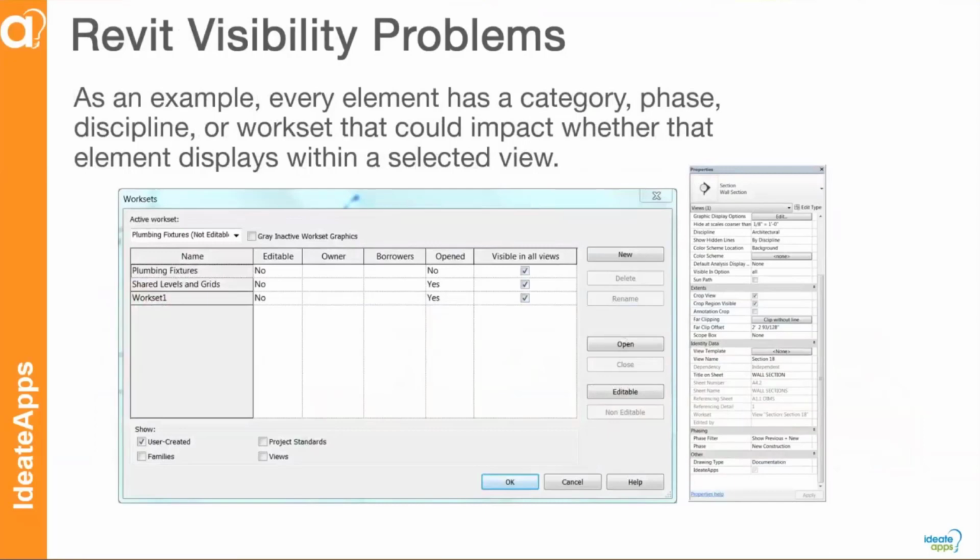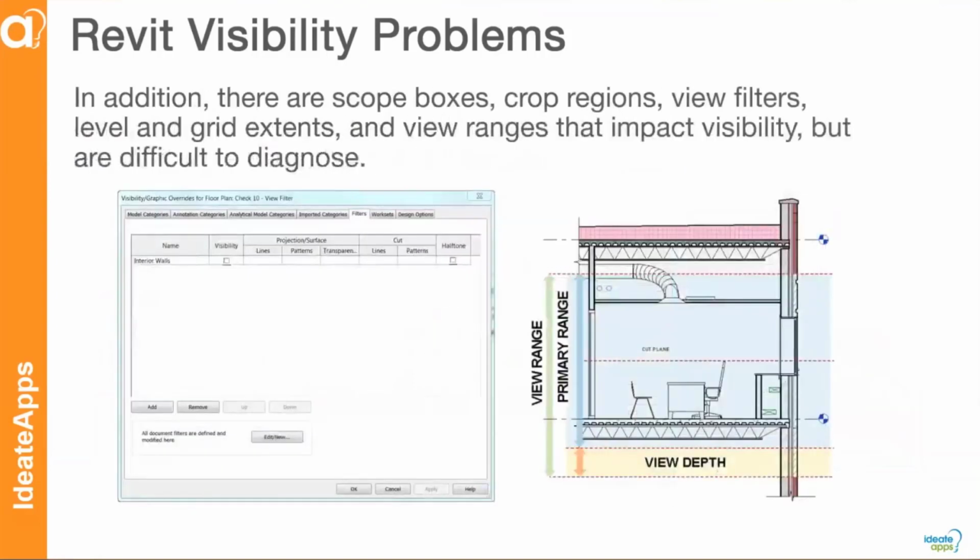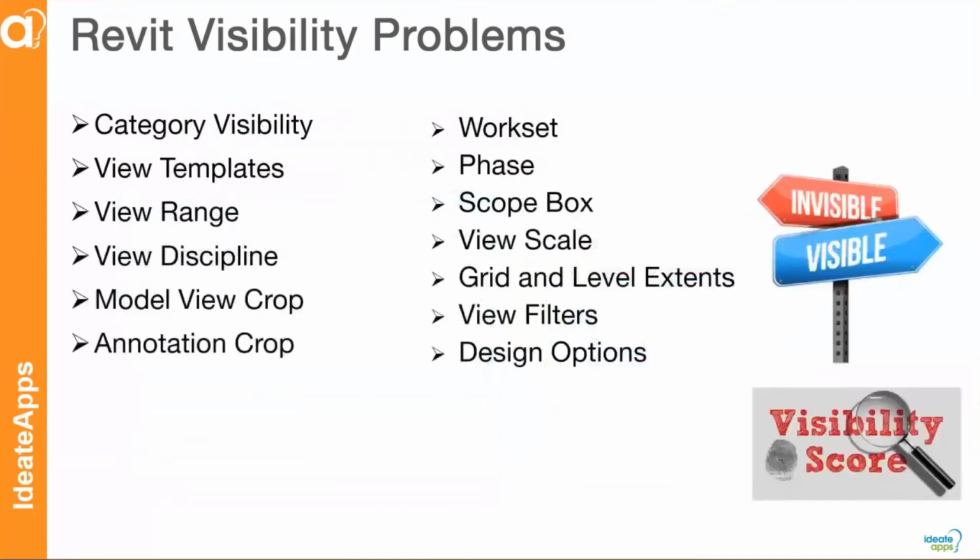So as I said, things can be on work sets that can control visibility. View depth is another one that is perplexing to a lot of users. Why something doesn't display because it's outside of the primary range, or your view depth is set incorrectly. So we're going to be talking about that.